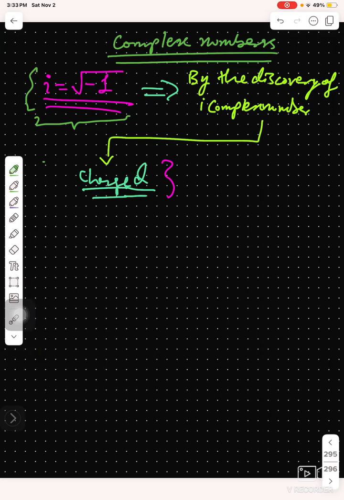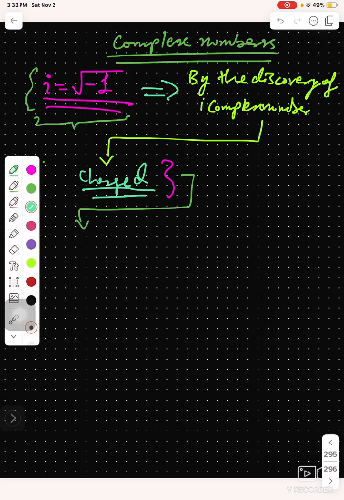So first of all, what are complex numbers? Complex numbers could be defined as imaginary numbers, numbers which don't exist.